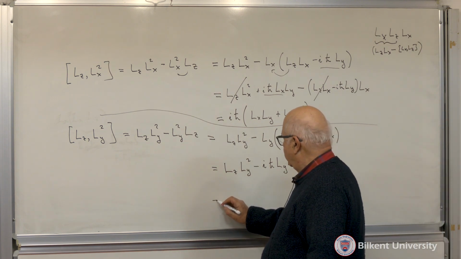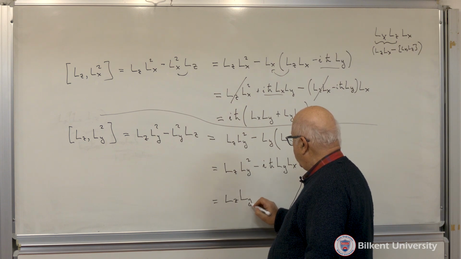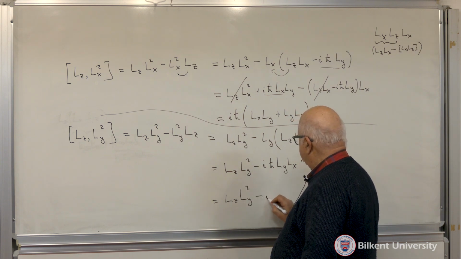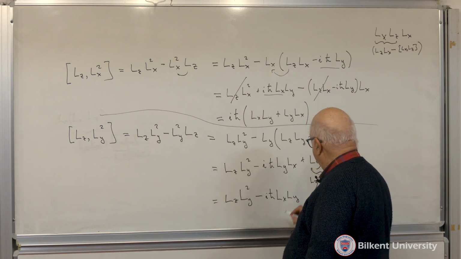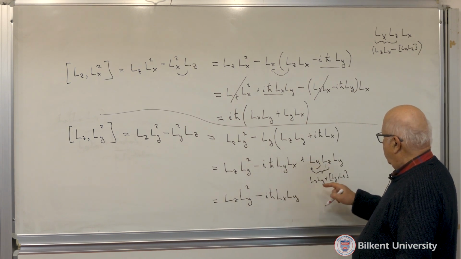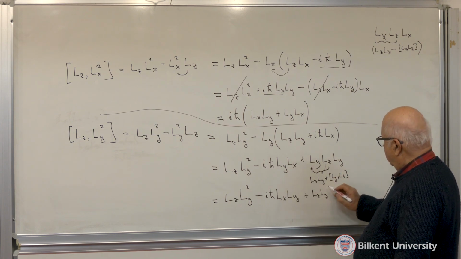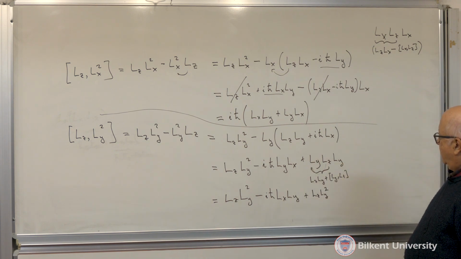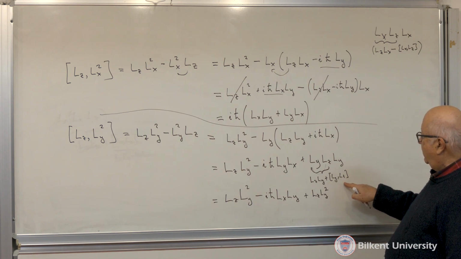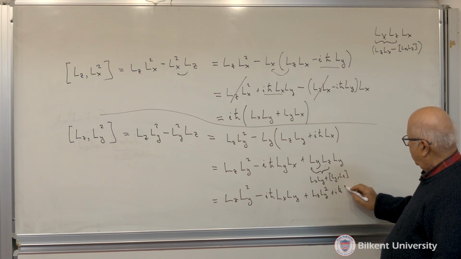So it's going to be Lz, Ly squared minus i h bar Lx, Ly. And then I have plus Lz, Ly, put another Ly here, squared. And then this thing Ly, Lz is plus i h bar, but I have an Ly.